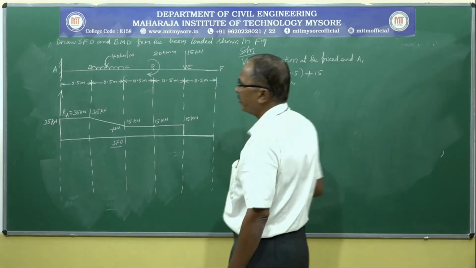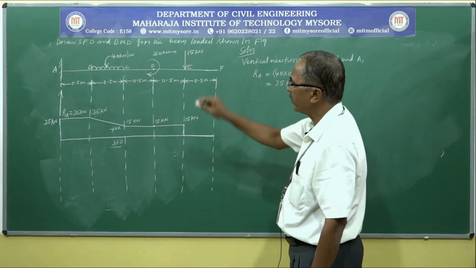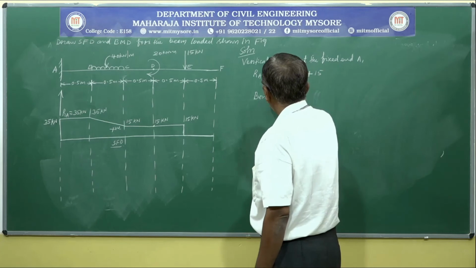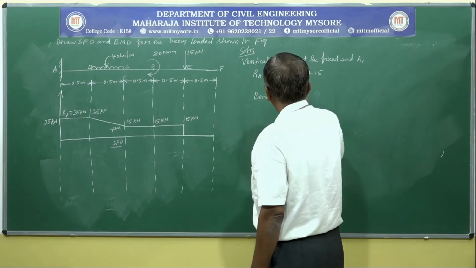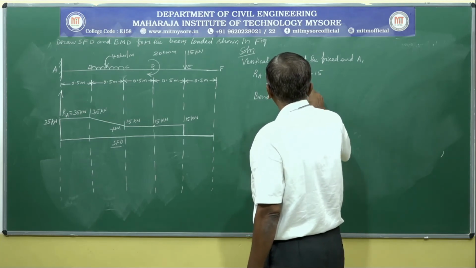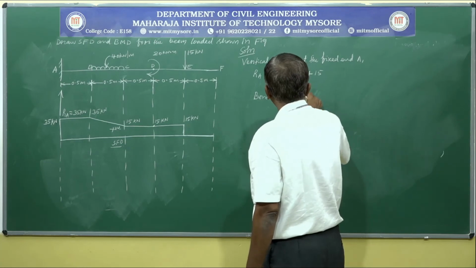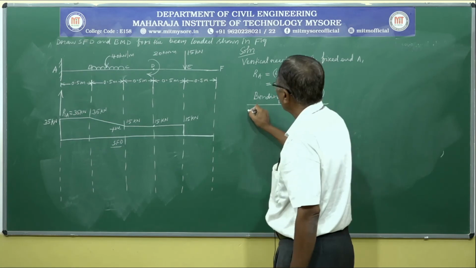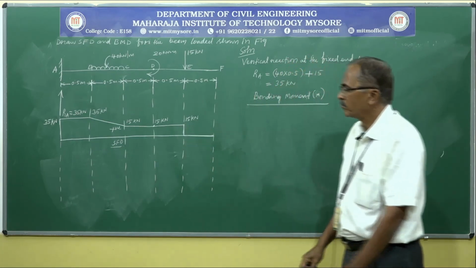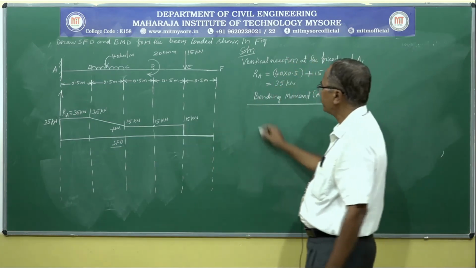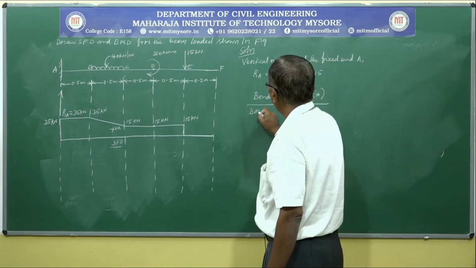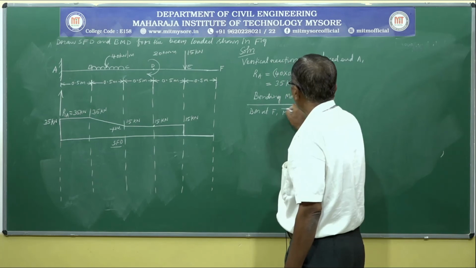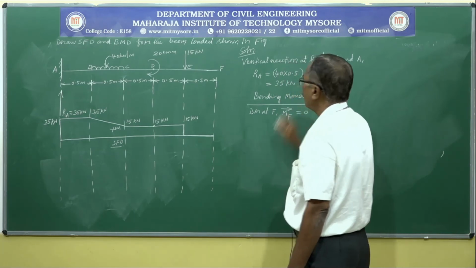Directly we can calculate bending moments, and then you can draw the bending moment diagram. Bending moment, proceed from the free end. Bending moment at F, MF, by considering forces to the right hand side, it is 0.